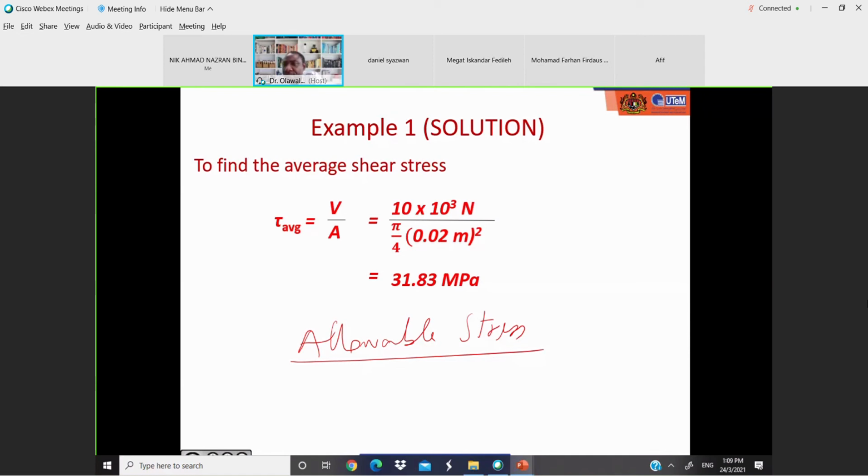Is that correct? Okay. Now, I believe every one of you knows the green building in FTKMP. How many floors does the green building have? Okay, 7. Thank you.